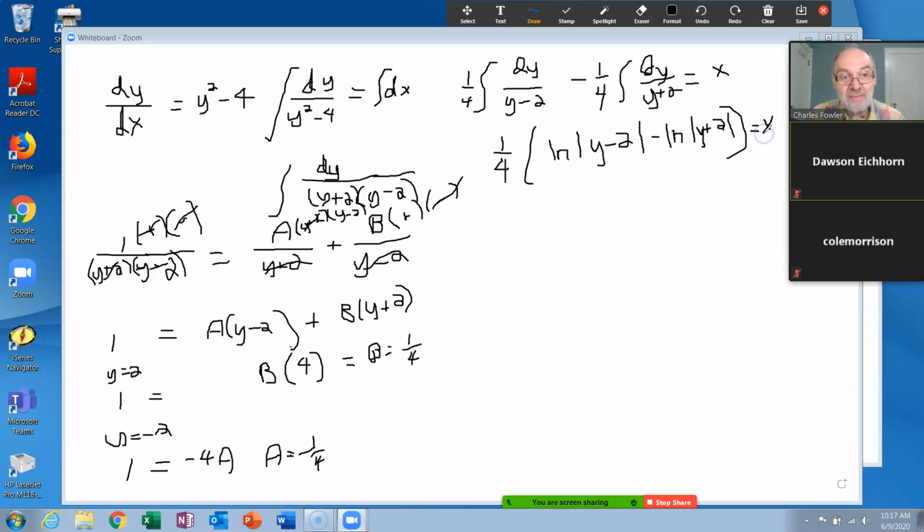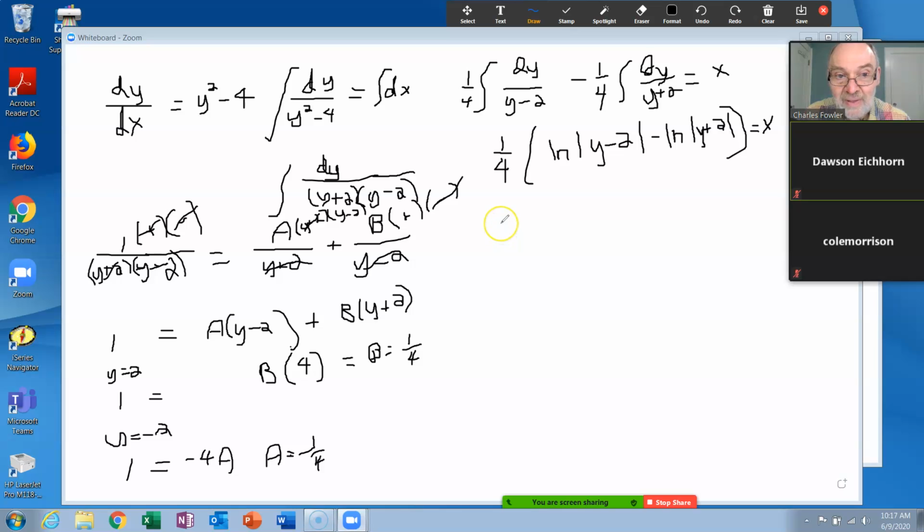I don't know to do plus c or log c. But I know the first thing I'm going to do probably is multiply both sides of the equation by 4. Okay? And then I'll use this property of logarithms that the difference of two logs is the log of their quotient.